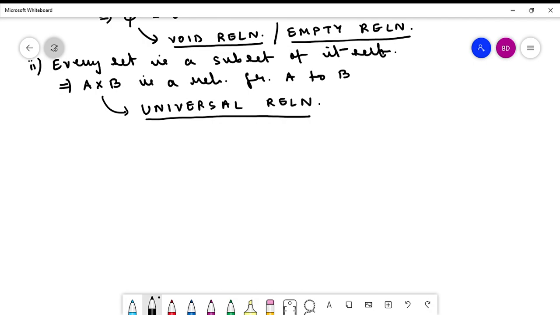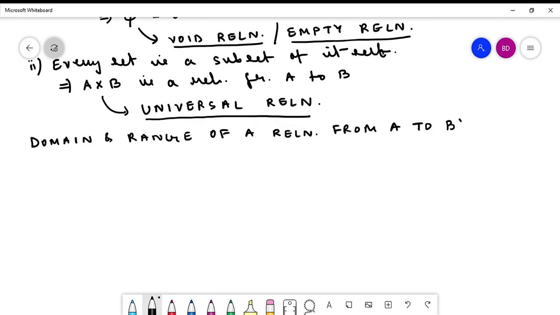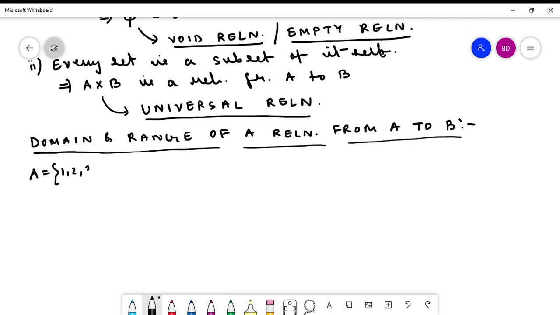So let me first write down: we want to discuss what is domain and range of a relation from A to B. As in the earlier example, we had A as 1, 2, 3 and B as 4 and 6.